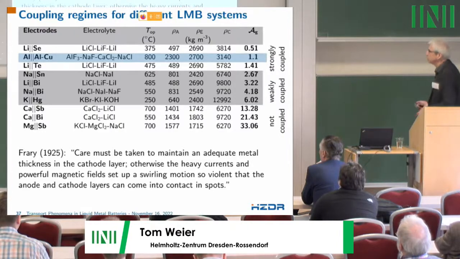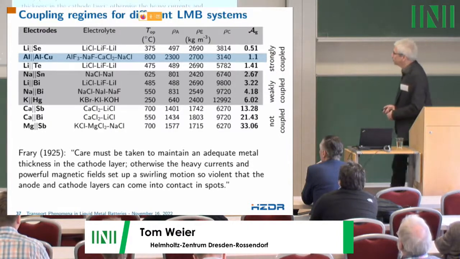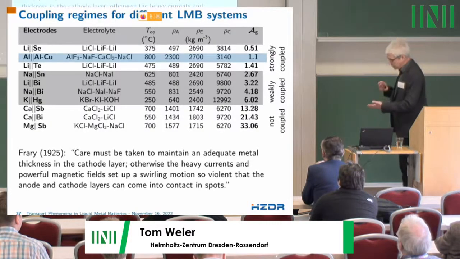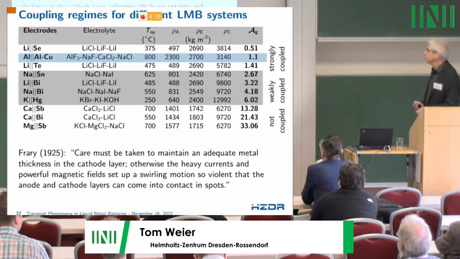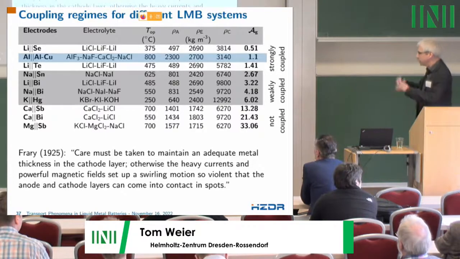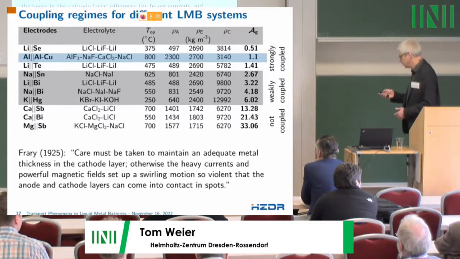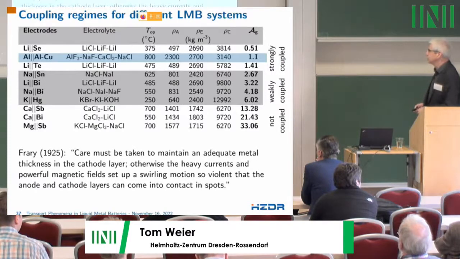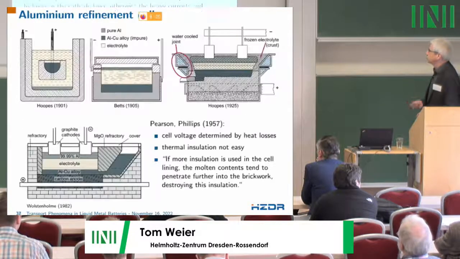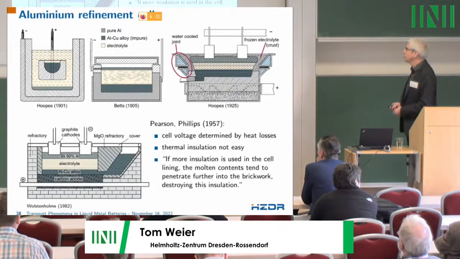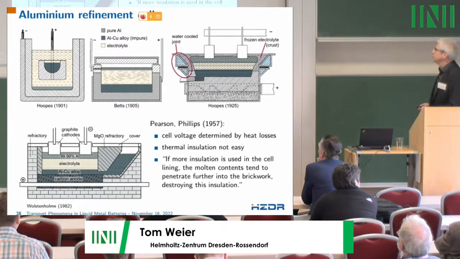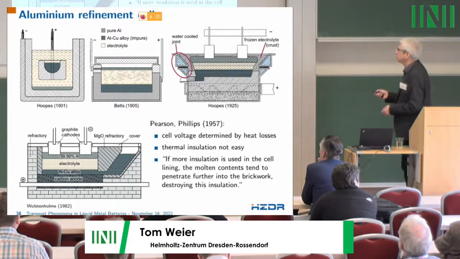Interestingly, already in 1925, it was observed by Frary that they have to take care in aluminum refinement to have a thick enough electrolyte layer in order not to have backmixing of the refined aluminum into the scrap metal rich one. So these are aluminum refinement cells, and for me, they have a very positive message, because it took quite some time to develop them.